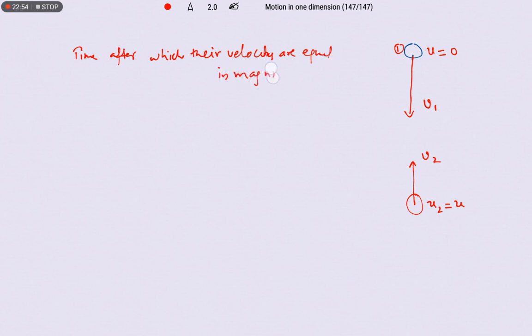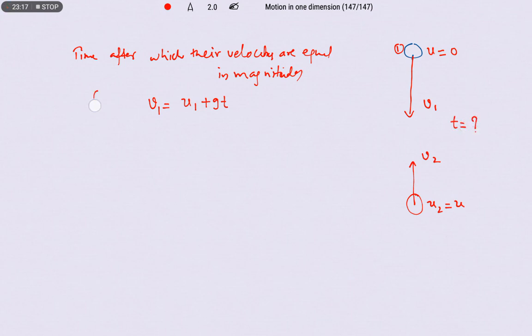They are asking at what time they both are going to get equal magnitudes of velocity. So let us find. v1 is equal to u1 plus gt, because I am assuming that the time will be t. After so and so time, both the velocities will be equal.